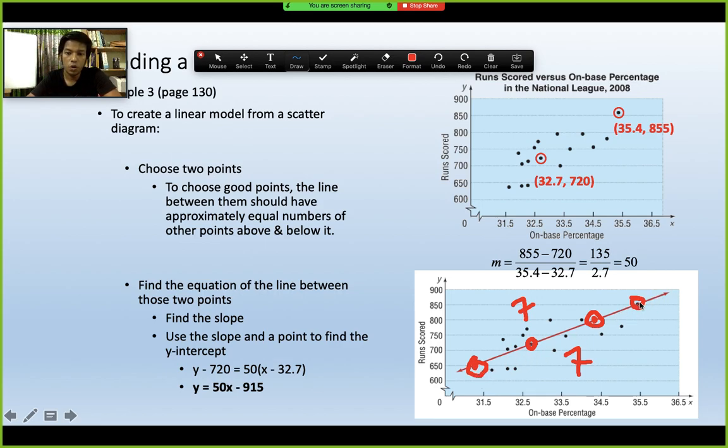On this line there are many points, so you can choose any 2 points, then find the slope between those 2 points, then use the equation of a straight line, the point slope form. The formula is y minus y1 equals m times x minus x1.